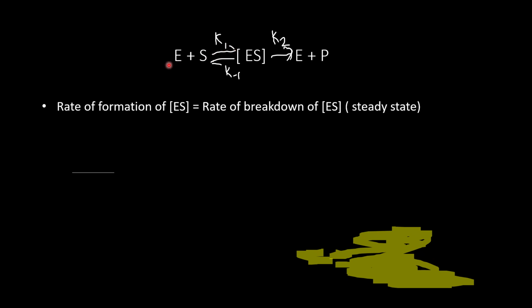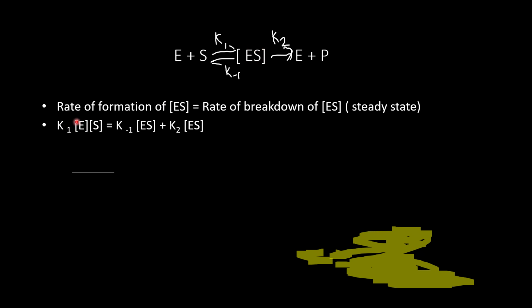The first one is we assume that the reaction is in a steady state, that is the rate of formation of enzyme substrate complex is equal to the rate of breakdown of enzyme substrate complex. If we look at this reaction, only one reaction is pointing towards formation. Both K-1 and K2 are pointing towards breakdown of enzyme substrate complex.